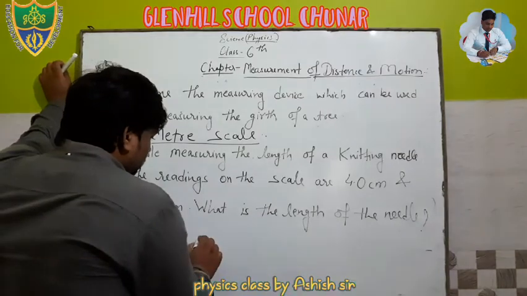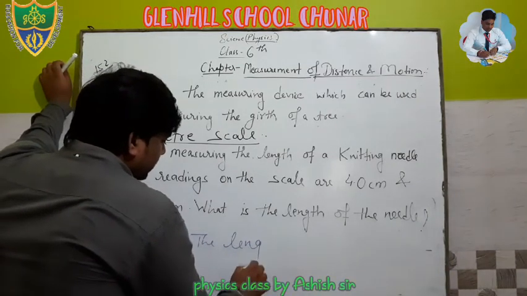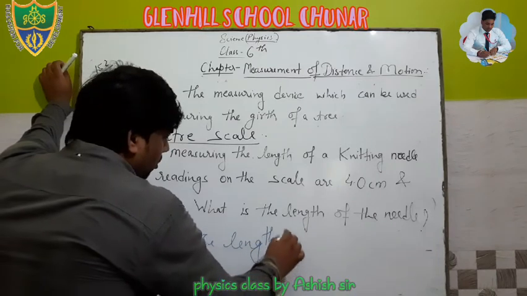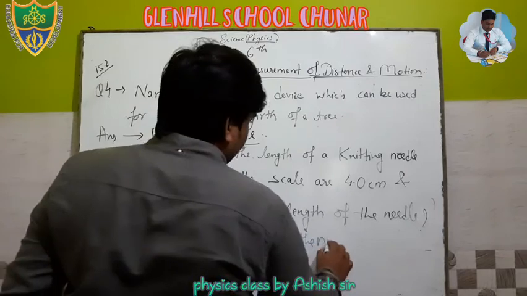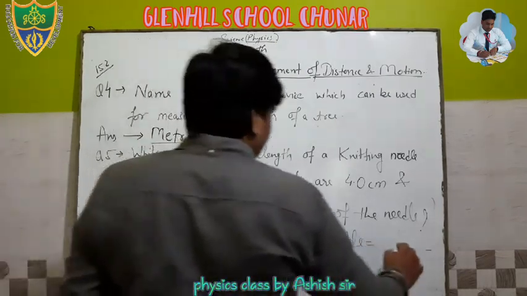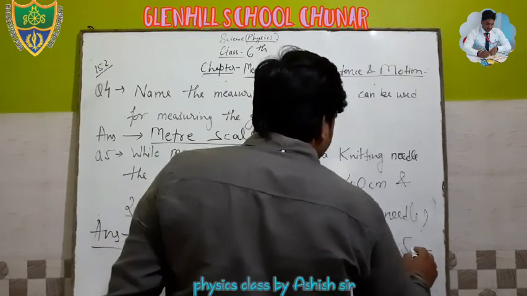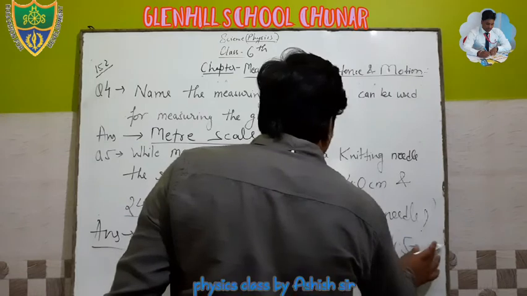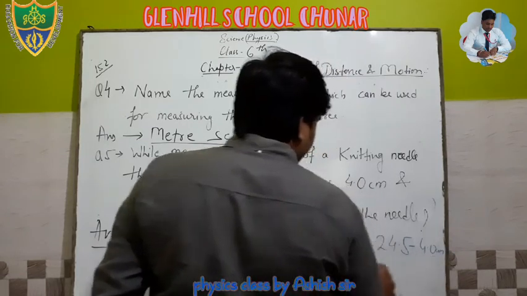So we write: the length of the needle is equal to the final reading on the scale, 24.5 centimeter, minus 4.0 centimeter.